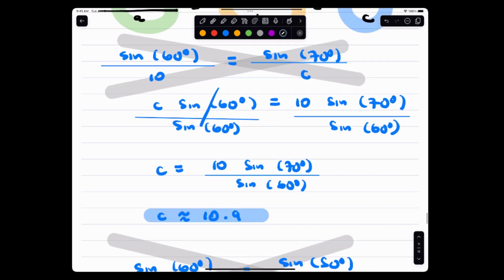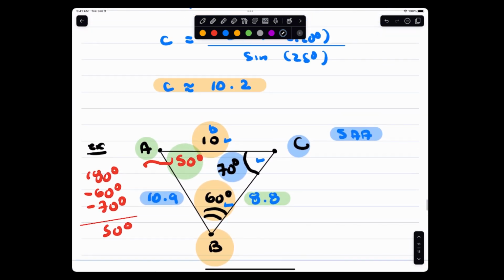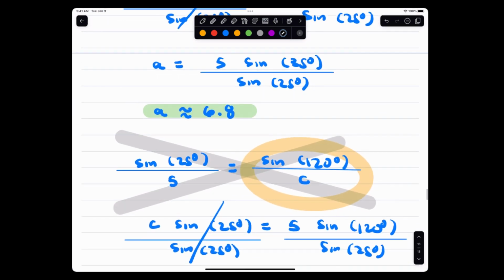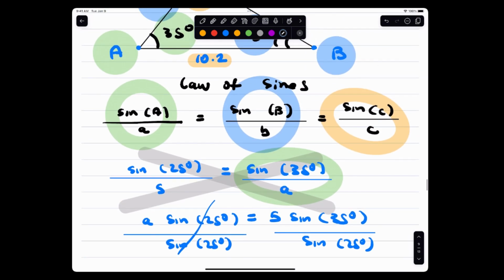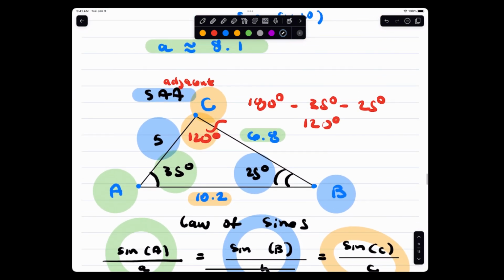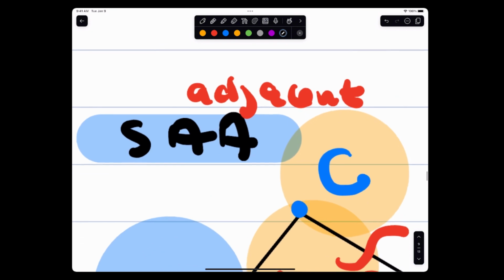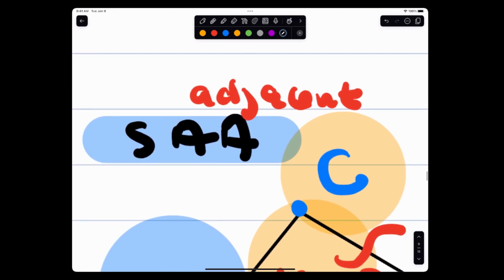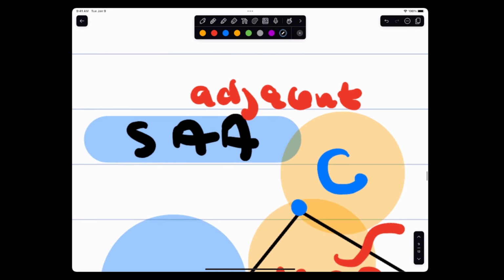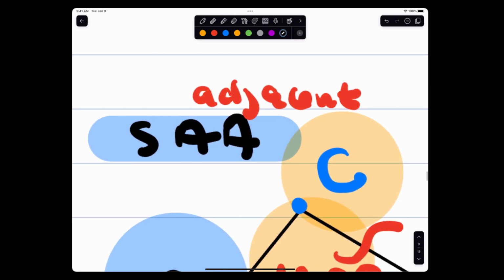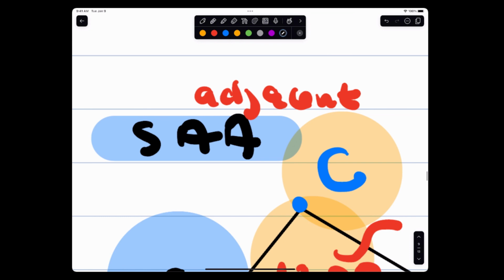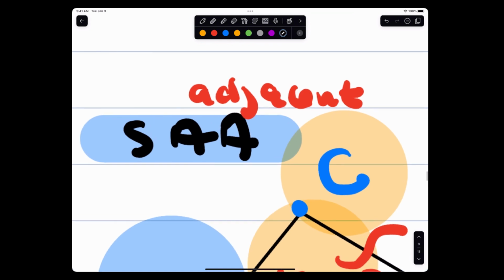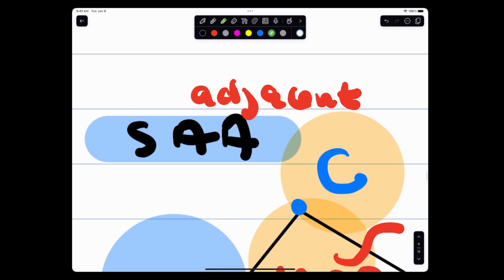Now, both of these situations that we already dealt with, if we recall, we dealt with side angle angle. There's two angles here, and you always get the third angle first. So you're in a good situation, right? Law of sines is great whenever you have two angles, because now you could get the third.